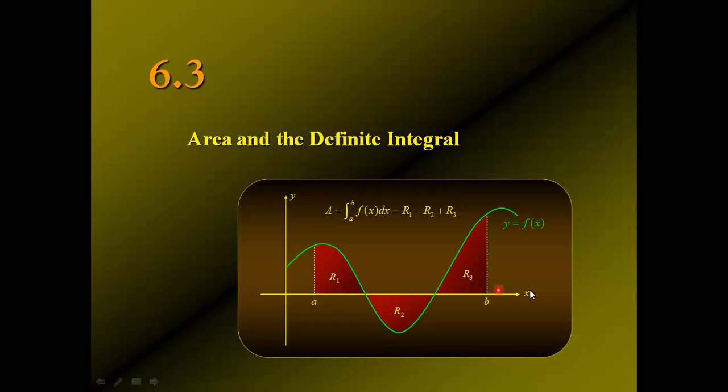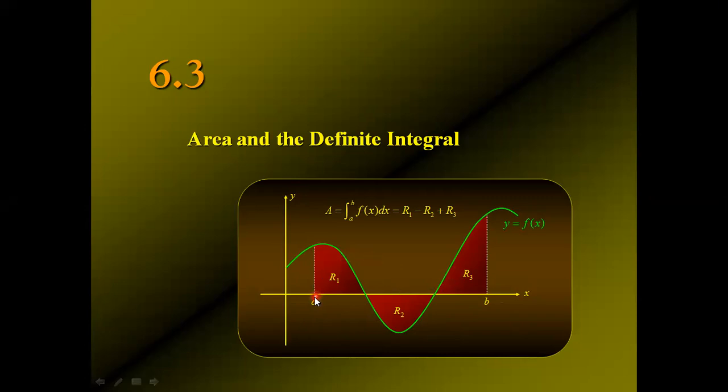Suppose this is the x-axis and this is the y-axis, and suppose this is the curve y equals f of x. This curve divides the region along the x-axis into three parts: this is the R1 area, this is the R2 region, and this is the R3 region. We can find the sum of these three areas by using definite integrals.